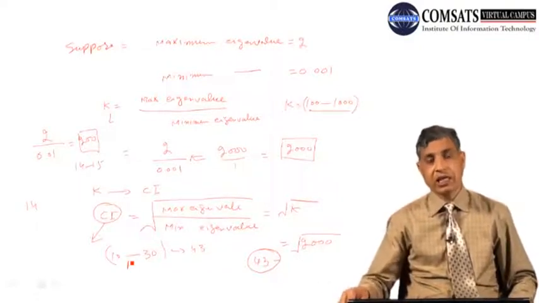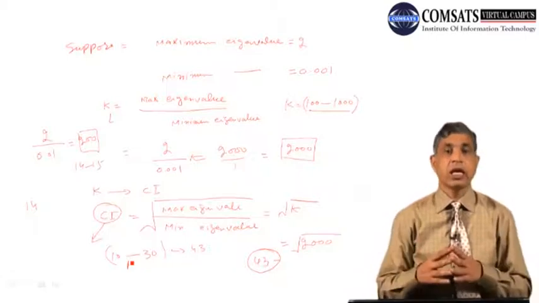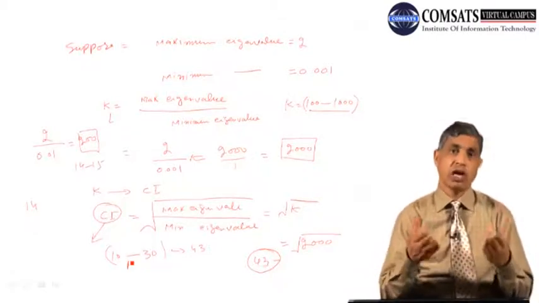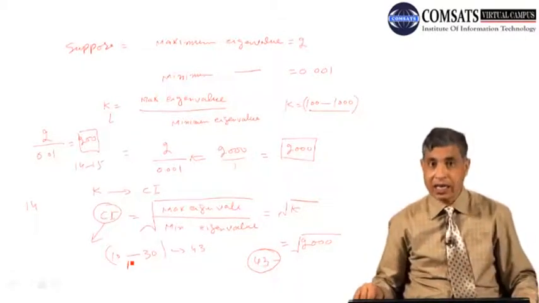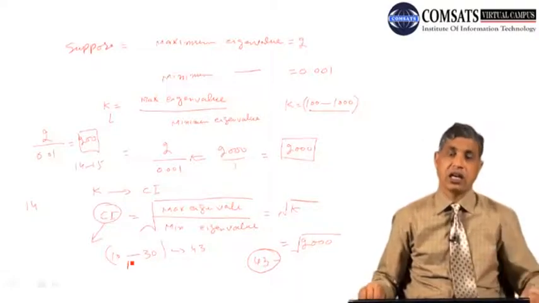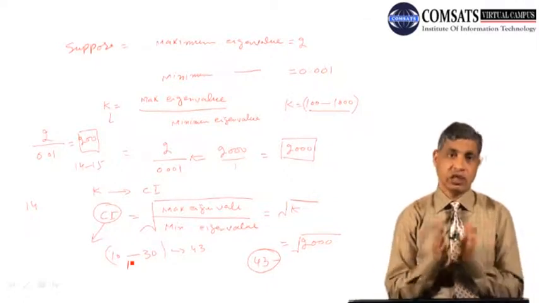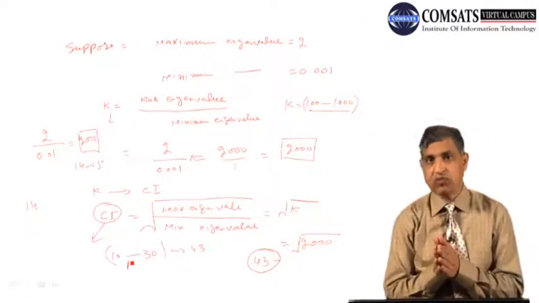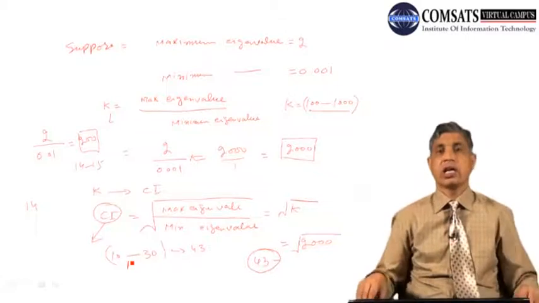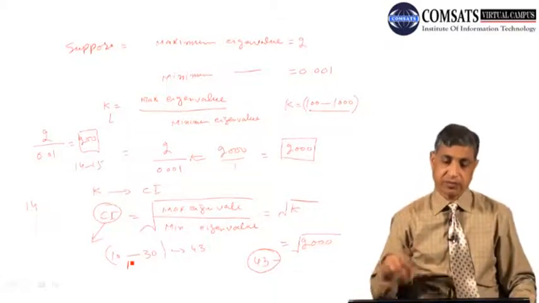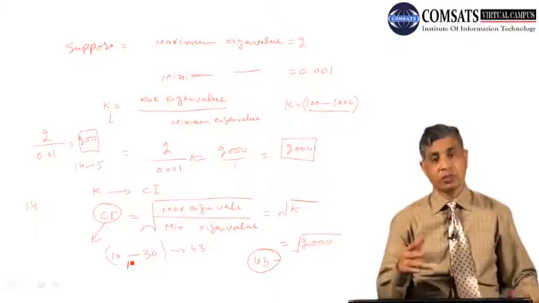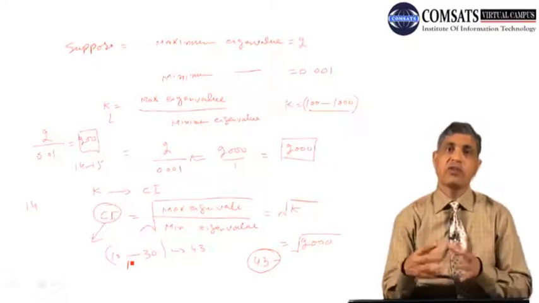So what is the crux of this discussion? That we have another formula for this, and that is called the K number, and the other is the conditional index. Both are similar things, the only difference is that in one case we are taking the square root, and in the other case we are not applying this. Immediately we will calculate.